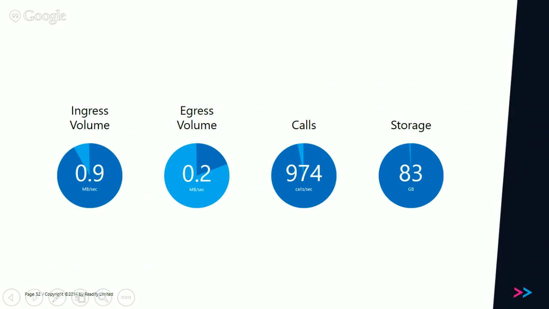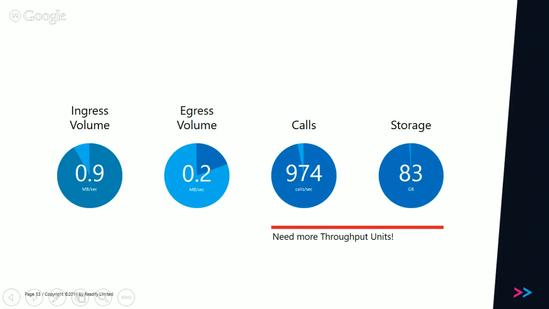In a scale scenario, let's say I'm receiving events at about 9 megabytes per second, and I'm reading out at about 0.2 megabytes per second. So at this point, I'm receiving events at a higher rate than I'm reading them. I'm getting about 974 calls per second, and I'm close to running out of storage.